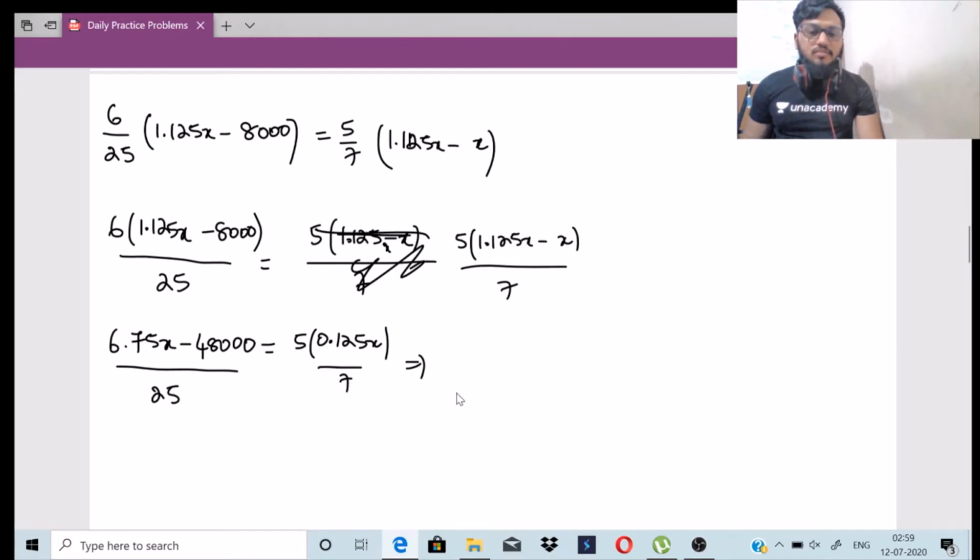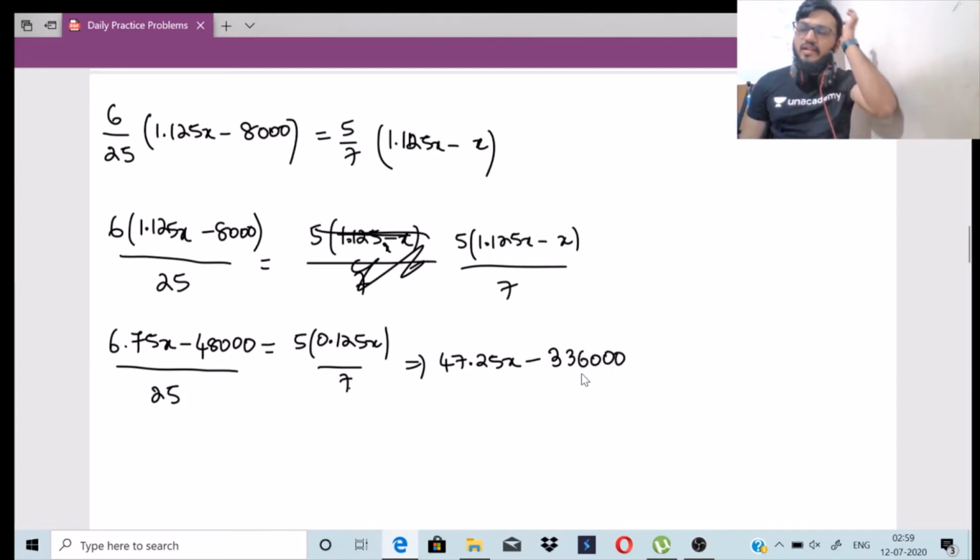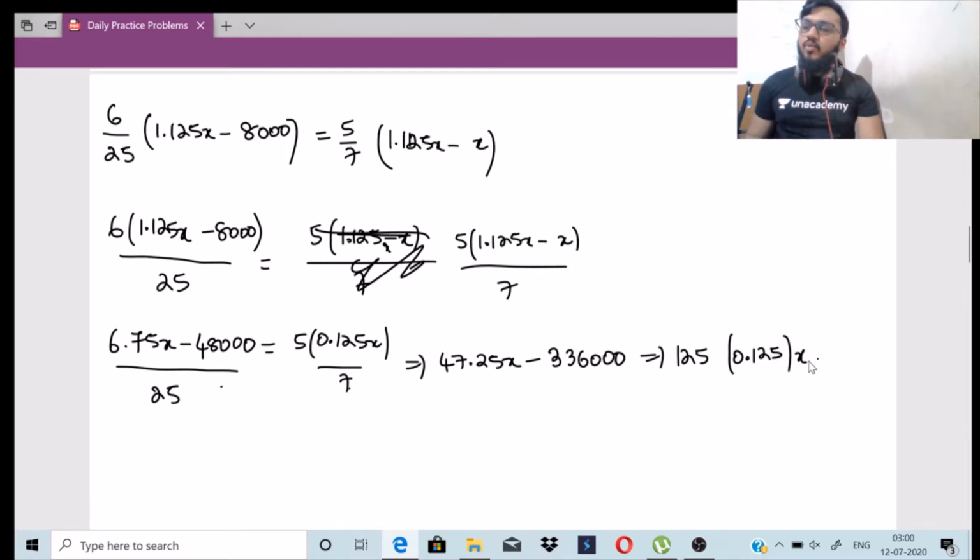Cross multiply here. 7 into 6.75 will be 47.25x minus 7 into 48,000. 7 fours are 28, 7 eights are 56, so this will be 3,36,000, equal to 5 into 25, which is 125 into 0.125x.